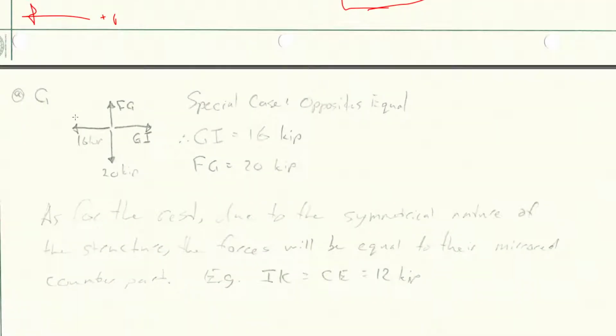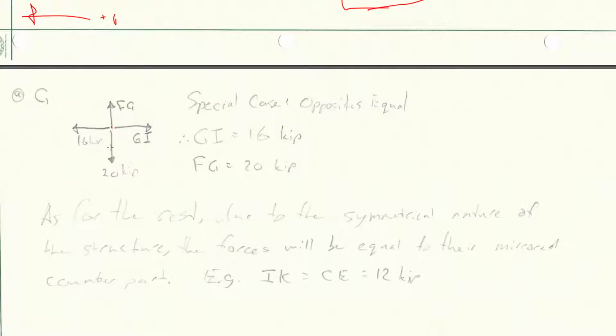So if we go look at G, we've got one of those situations where we've got a joint with 4 forces acting on it, but they've got opposite forces that are parallel to one another on either side of the joint.